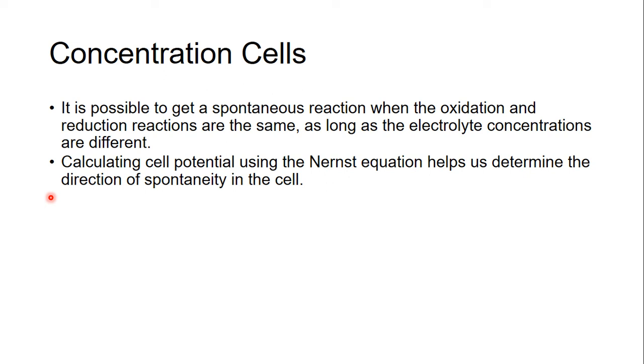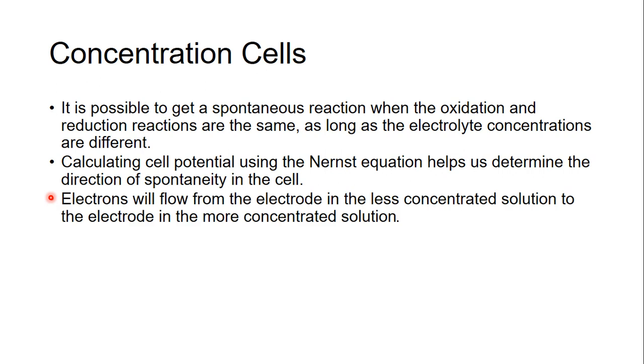That is what's called a concentration cell, and we can calculate the cell potential using the Nernst equation to determine which way electrons are going to flow. Generally, electrons flow from the less concentrated solution to the more concentrated solution.